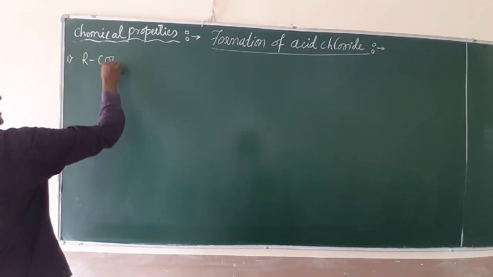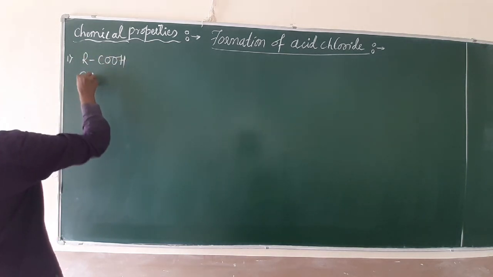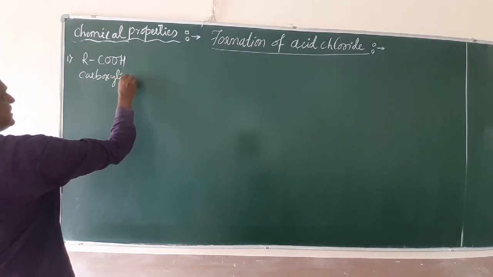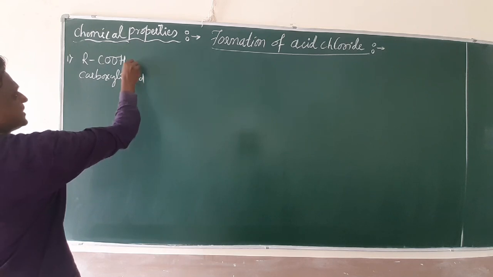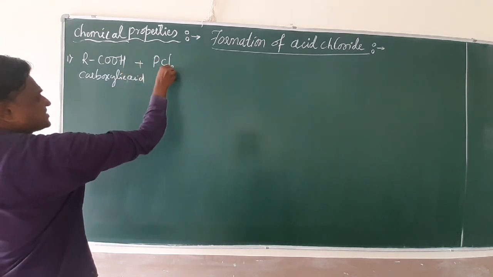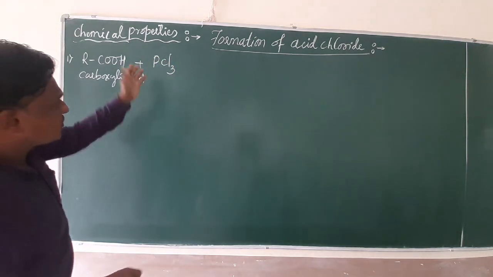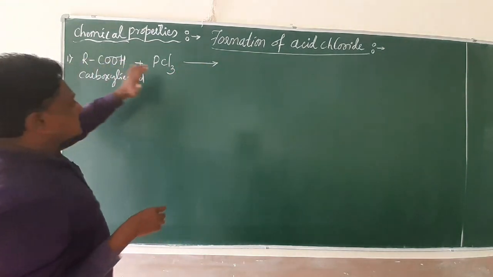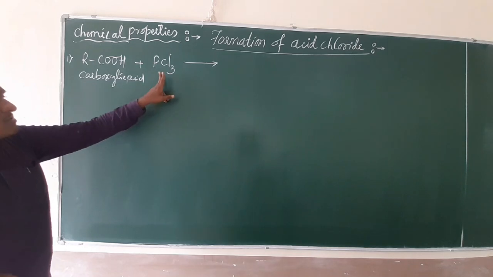One, carboxylic acid reacts with phosphorus trichloride, or phosphorus trihalide also. What happens when carboxylic acid reacts with phosphorus trichloride?